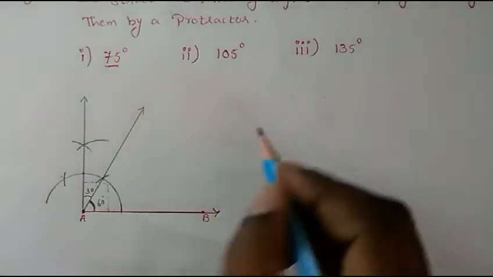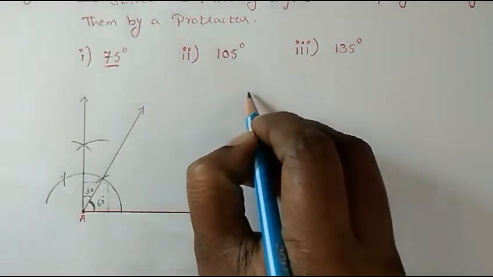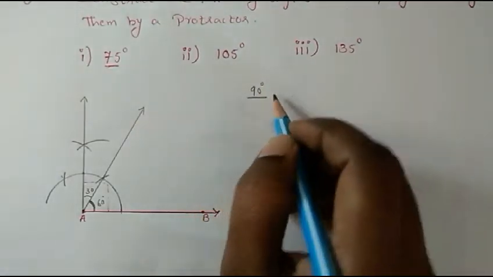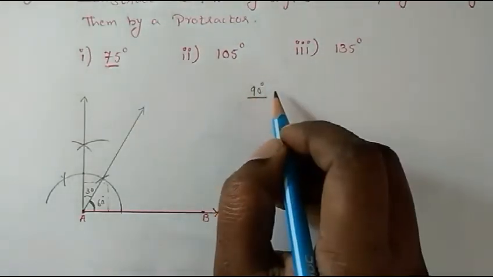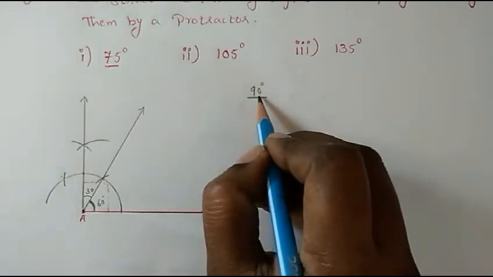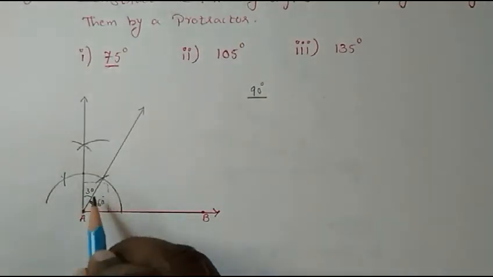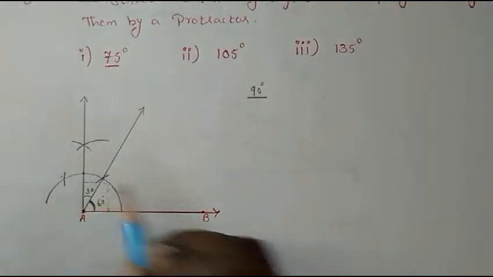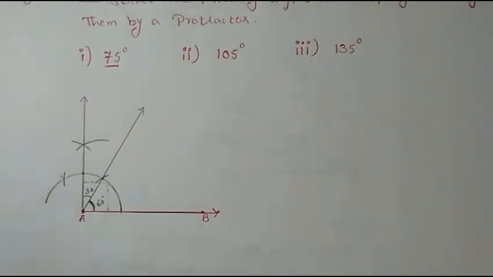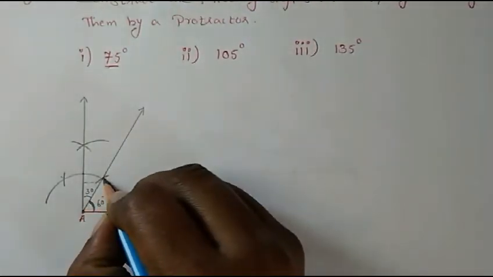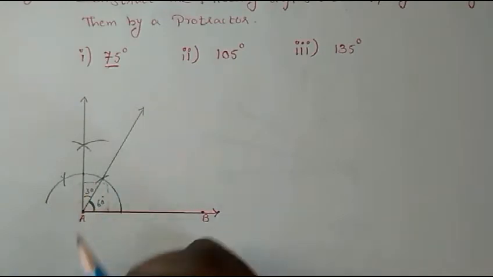Are you understanding? So first what we did, we constructed 90 degree, right? We don't divide 90. What we divide is the part between, I told you, this is 60. First we constructed 60, then we have 90.